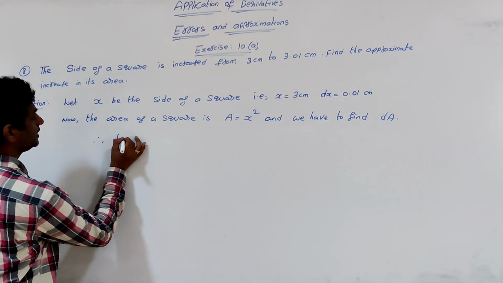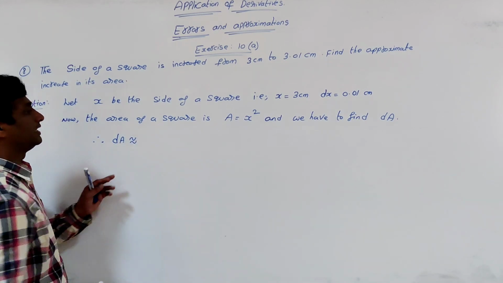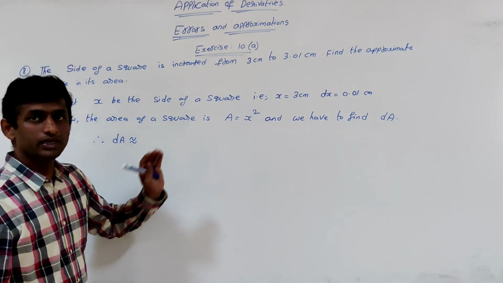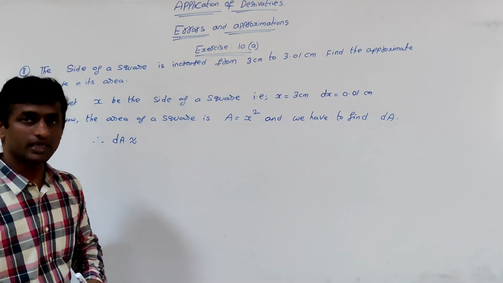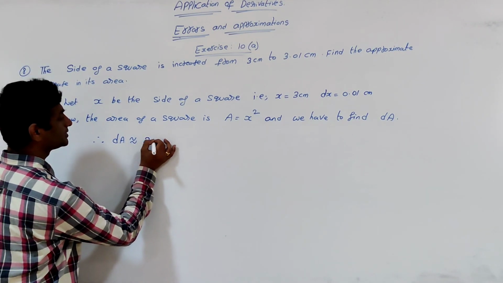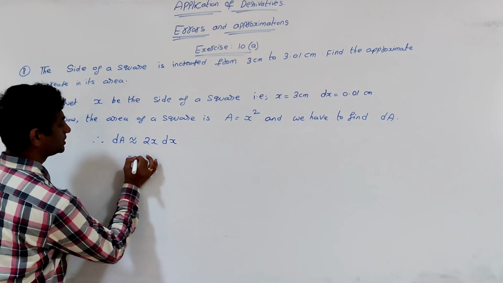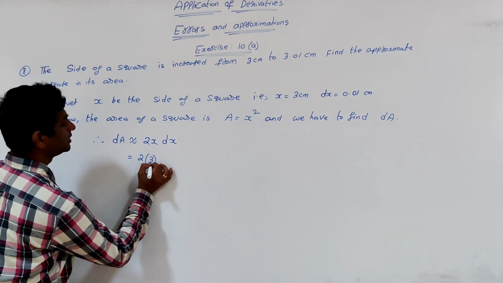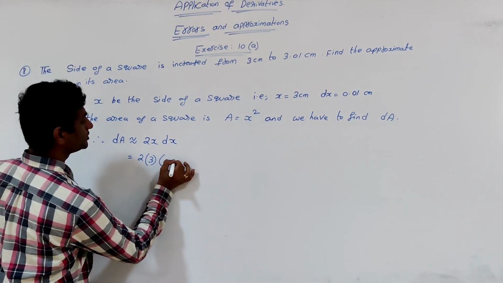Therefore, dA is approximately equal to A dash of x into dx. So what is the derivative of A? It is 2x into dx, which is 2 into x is 3 and the change in its side is 0.01.